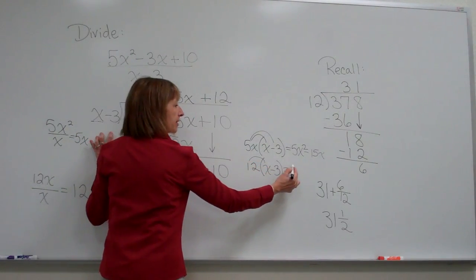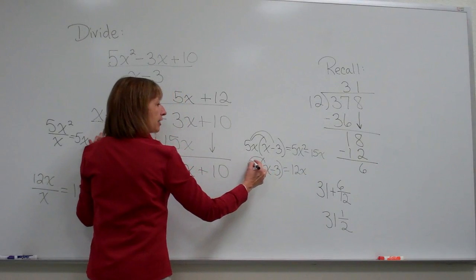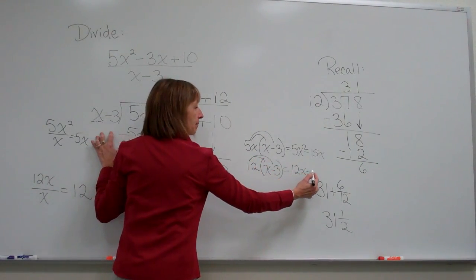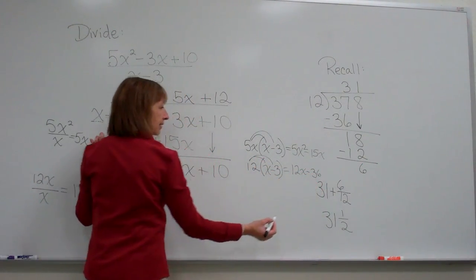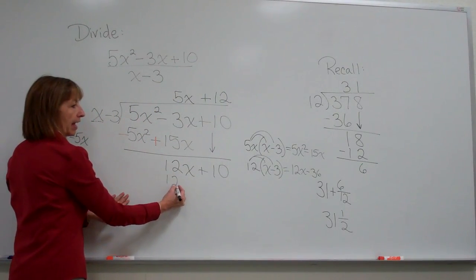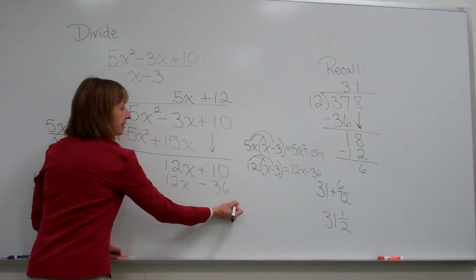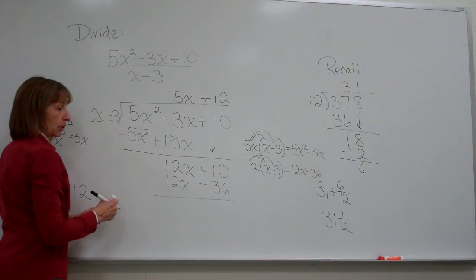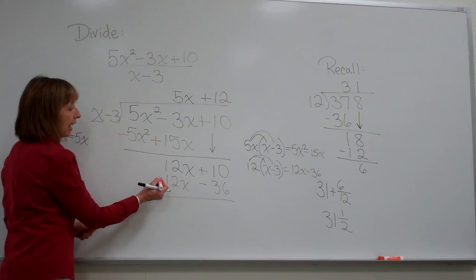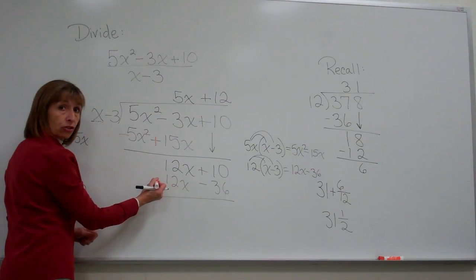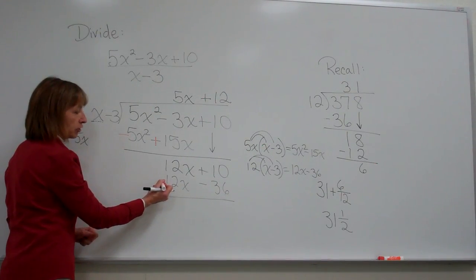So 12 times x is 12x. And 12 times negative 3 is a minus 36. So I write 12x minus 36, and I'm at the stage now where I want to subtract. So take out your other colored pencil and change the signs of each term and then combine to do that subtraction process.